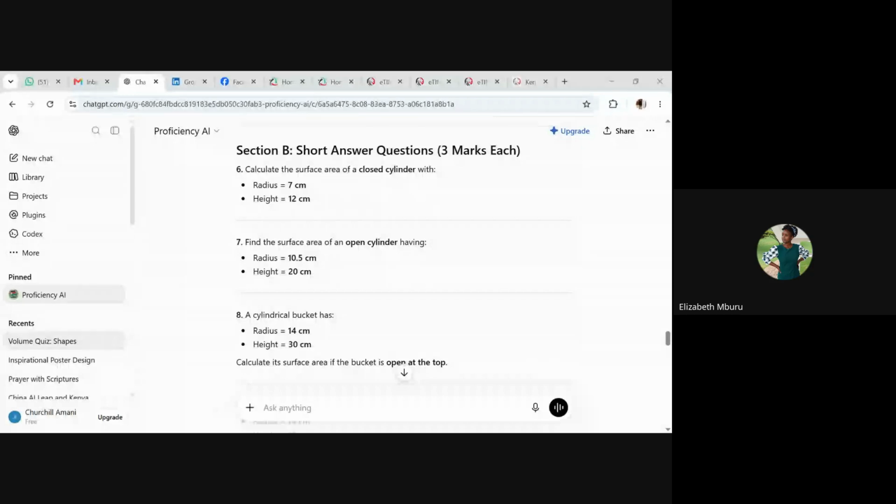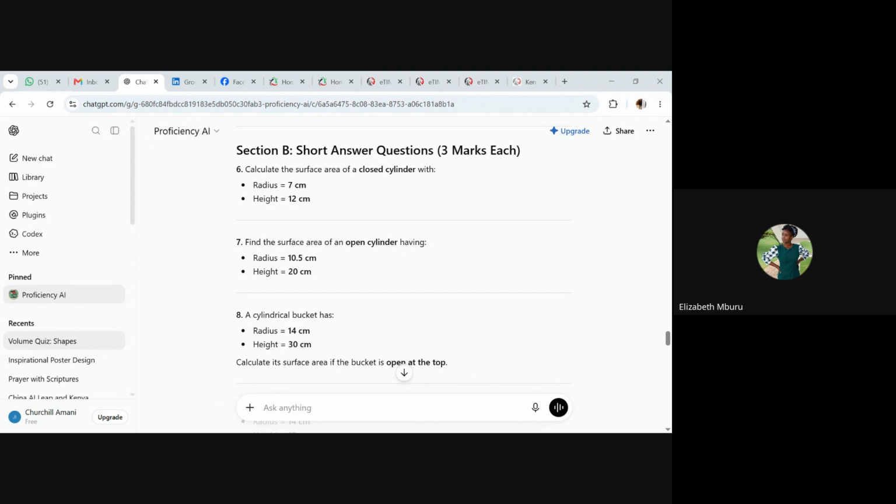Okay, so we've been told a cylindrical bucket has a radius of 14 centimeters and the height of 30 centimeters. We calculate the surface area given that the bucket is open at the top. So the formula of finding the area of an open cylinder is pi r squared plus 2 pi r h.